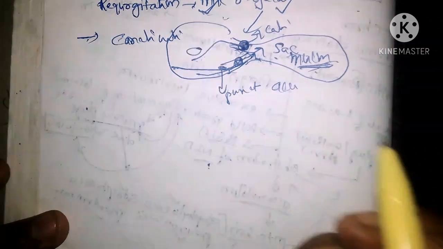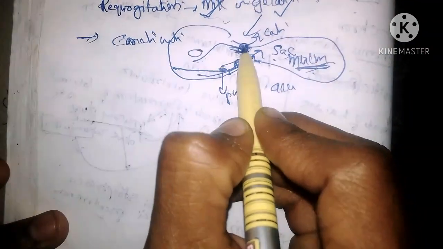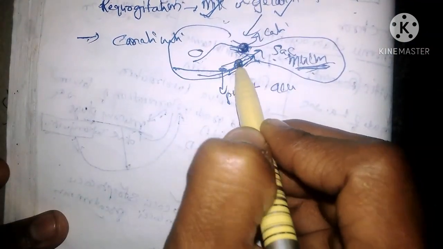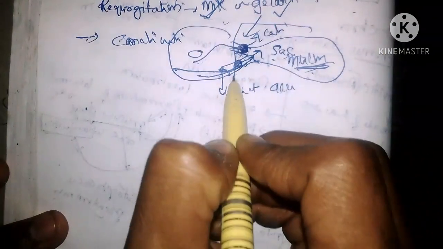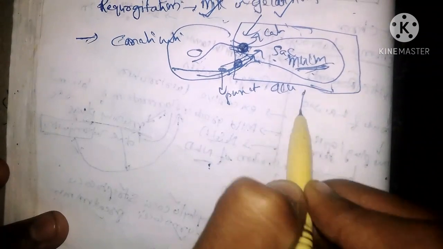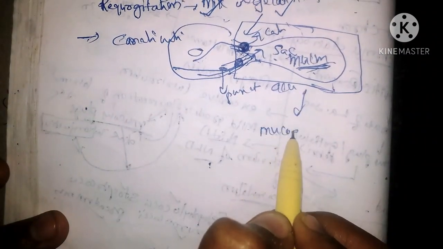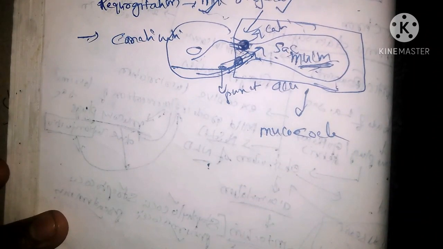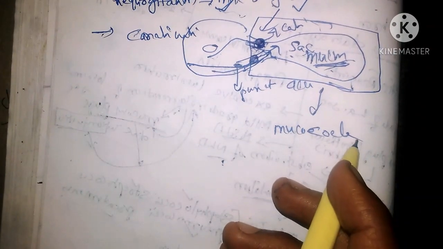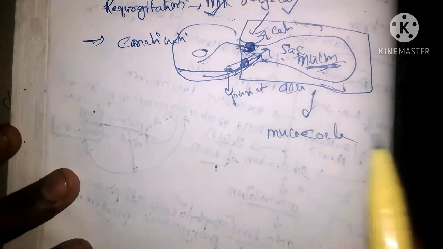And as the canaliculi are blocked, this becomes mucosal, because the canaliculi are blocked. Clear? These are the first findings that you have to remember here.